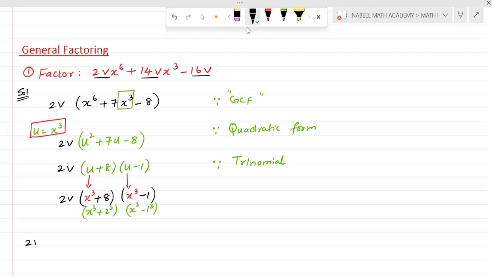So we have to go with the special factoring. So 2v will be the same. And what about this part? It is x plus 2, and then x square minus 2x plus 4, where a and b are x and 2. So this is the first part. And what about the second one?